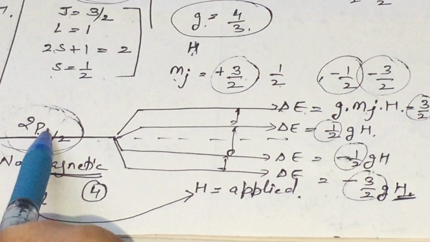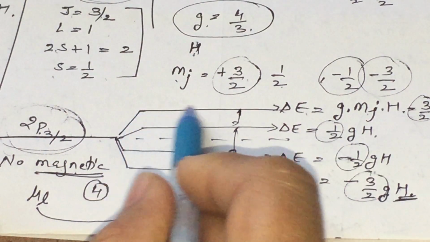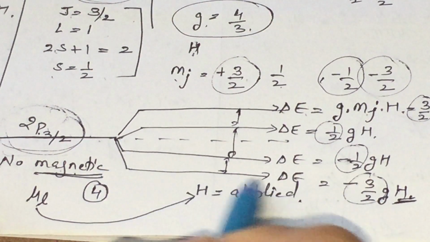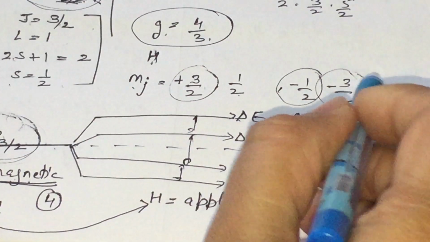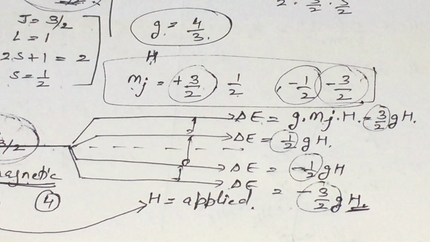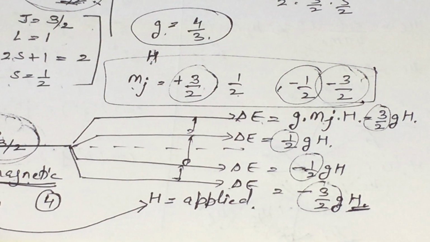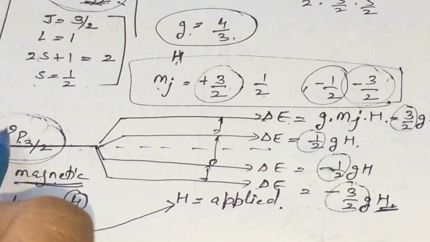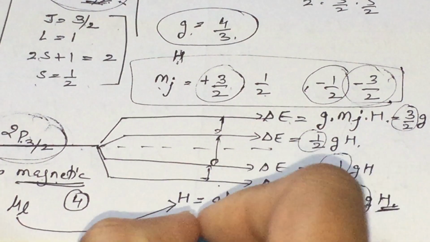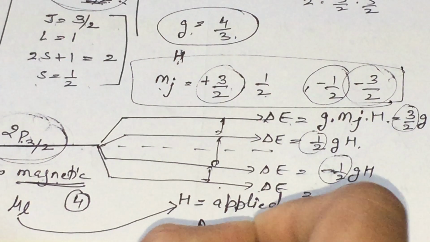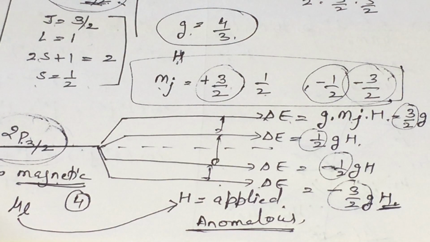When magnetic field is applied to this energy term, it deviates by four different types of energies depending upon the value of our total magnetic quantum number. Hence, one spectral line divides into four lines in presence of weak magnetic field, and this effect is known as anomalous Zeeman effect.